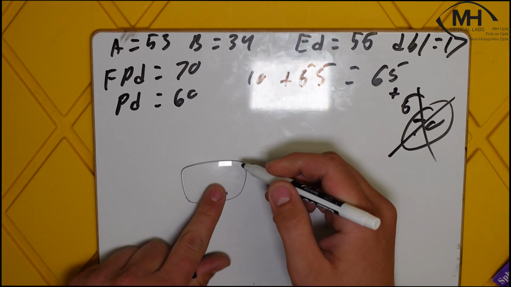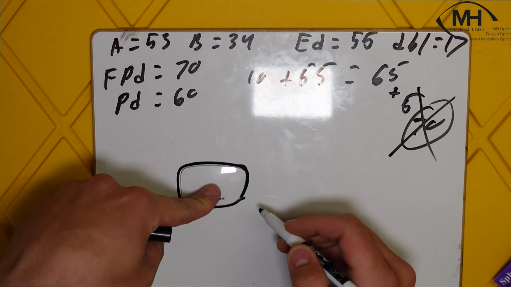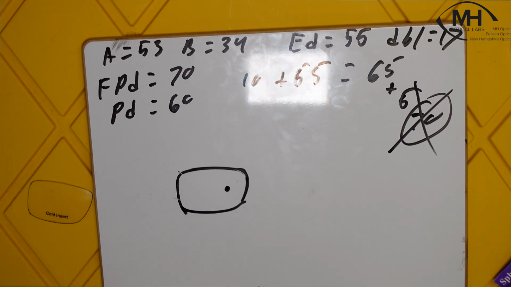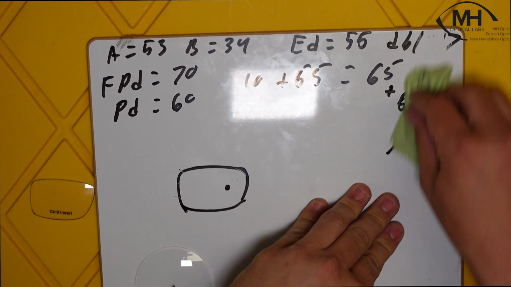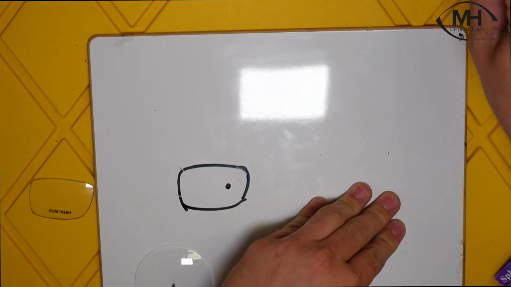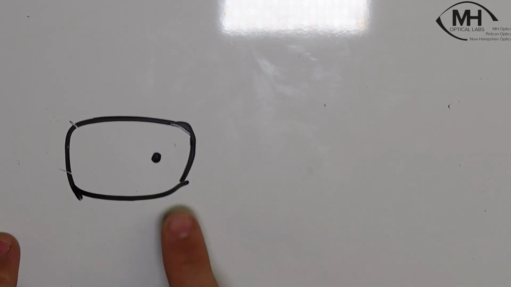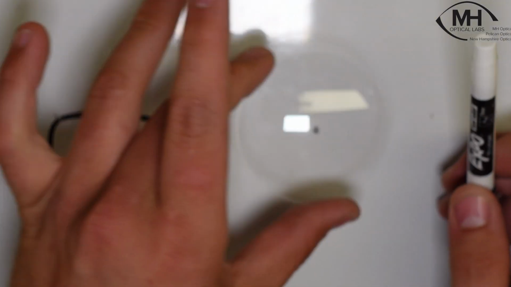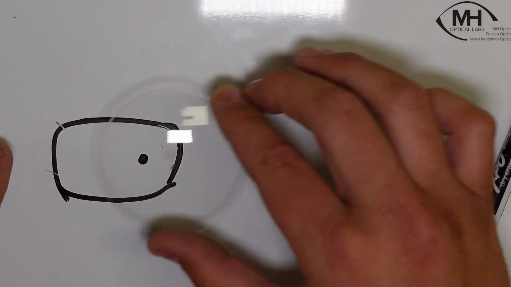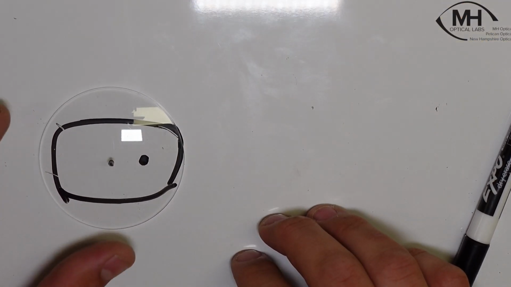So let's take a trace here. Let's put our pupil right here. Let's get rid of all this because it has nothing to do with what we're talking about anymore. So here's our trace with our pupil in here. Here's our 65 millimeter lens with our ocular center in the middle. So what do we need to do now?